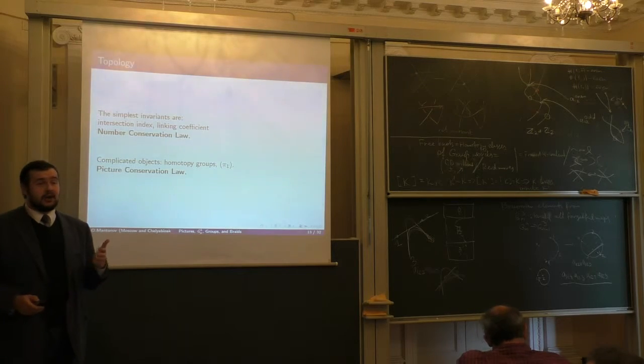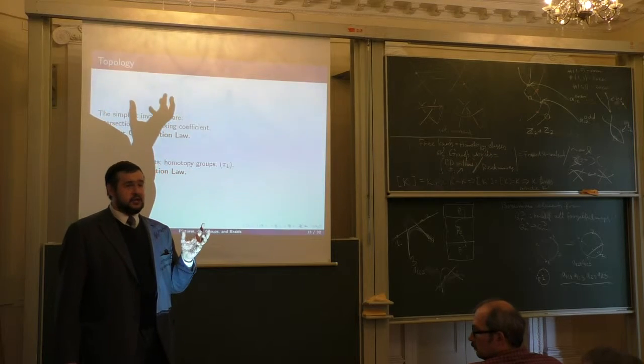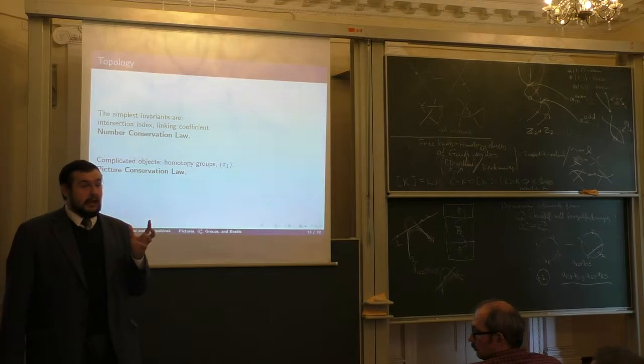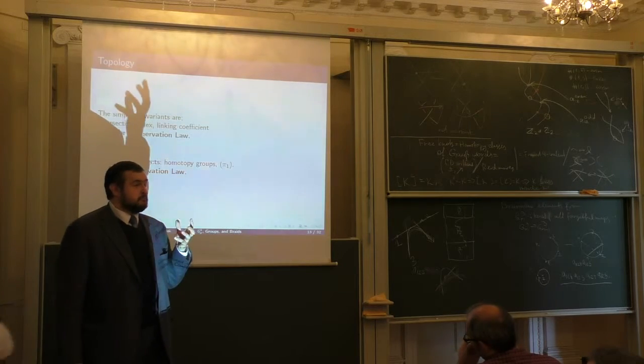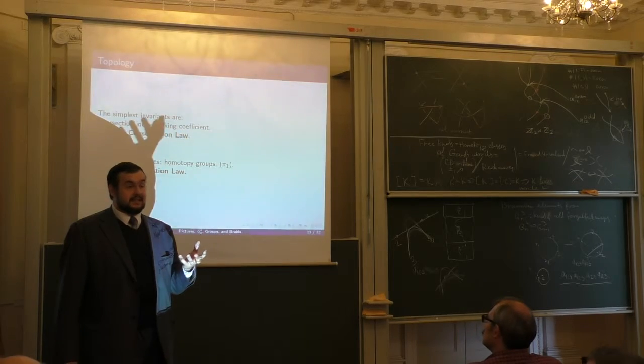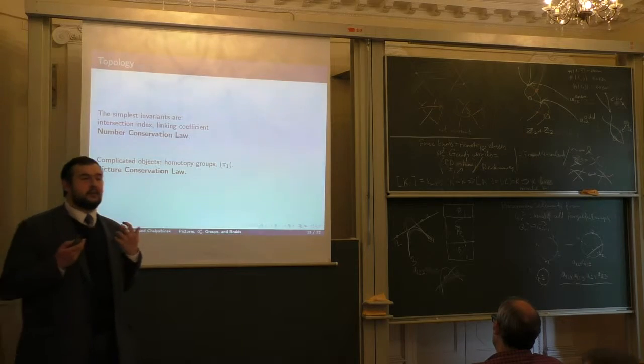I want to mark crossings somehow and to put some information of topological nature, which encodes something meaningful about the knot itself, about the link itself. But how can I do it?